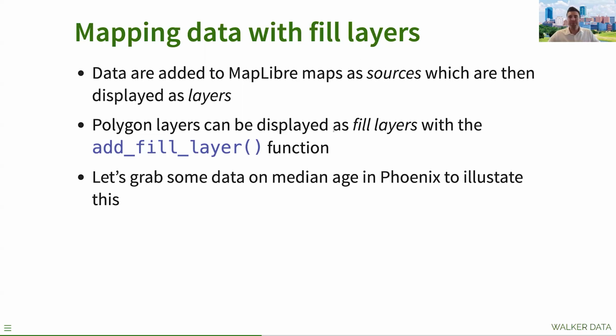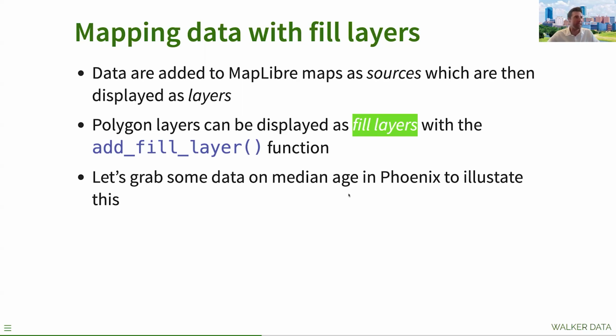So let's make a very basic visualization that doesn't really work very well, but just to illustrate how the defaults work in MapLibre. To display a polygon layer, so census tracts, for example, we can display that as a fill layer. We call that a fill layer in Mapbox or MapLibre, and we use the function add_fill_layer.